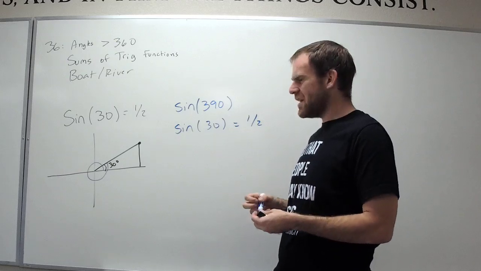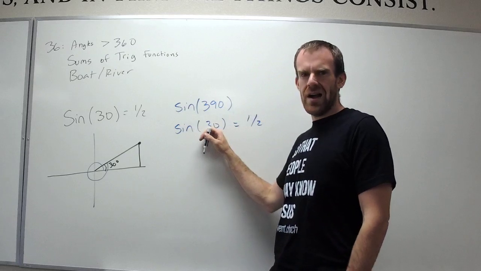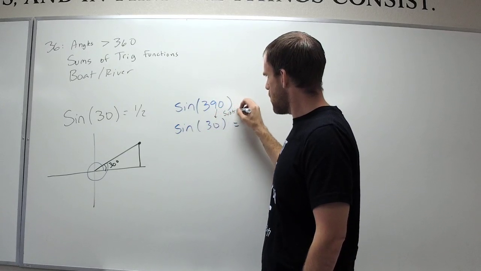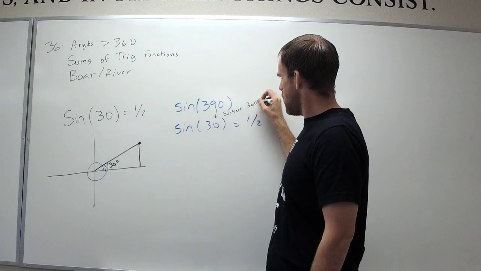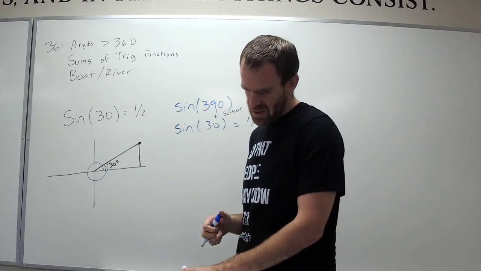How did I get from 390, or any higher number than 360, down to a number I know how to work with? I subtracted 360 degrees. So let's try some examples from the book.